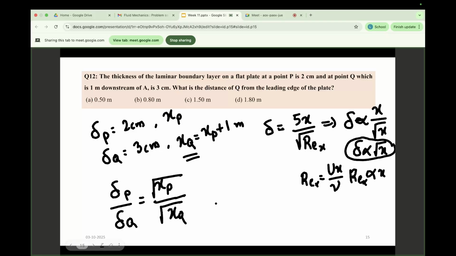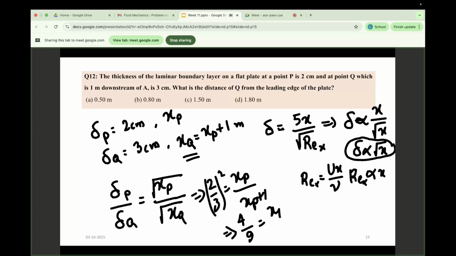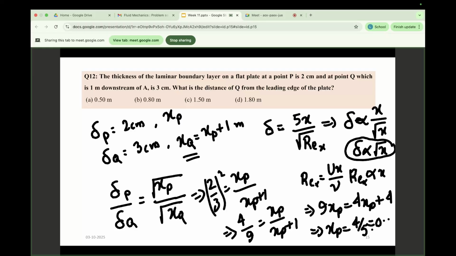So it's 2 by 3. I can write 2 by 3 is root XP, I can make it square. 4 by 9 is XP by XP plus 1, which gives 9 XP equals 4 XP plus 4, or XP is 4 by 5, which is 0.8.